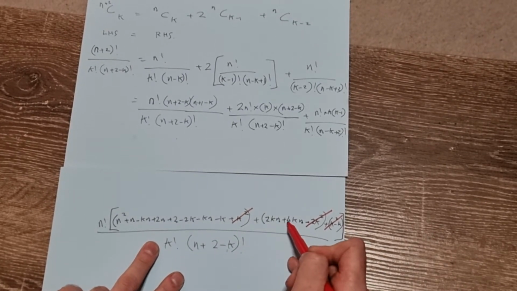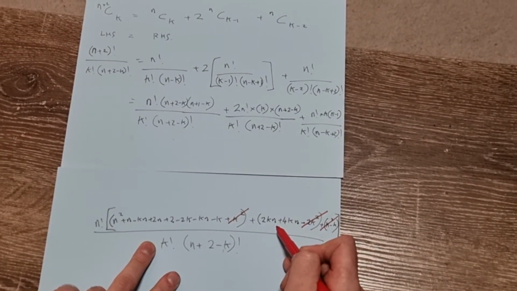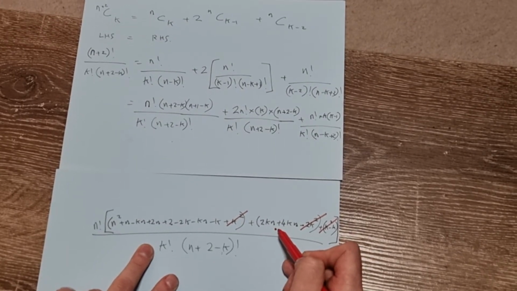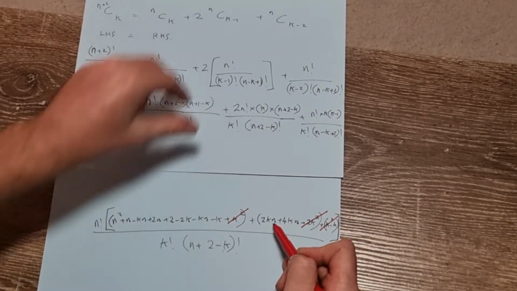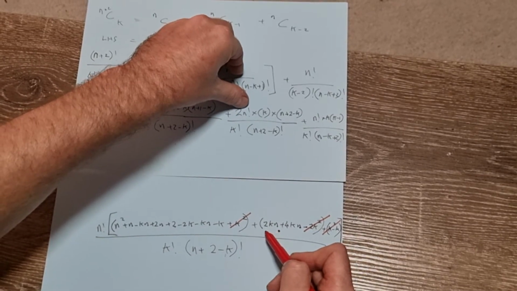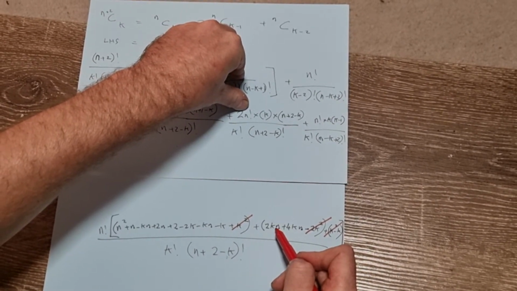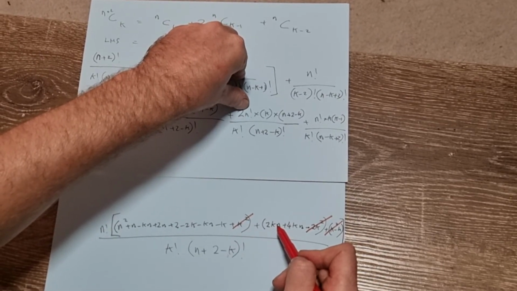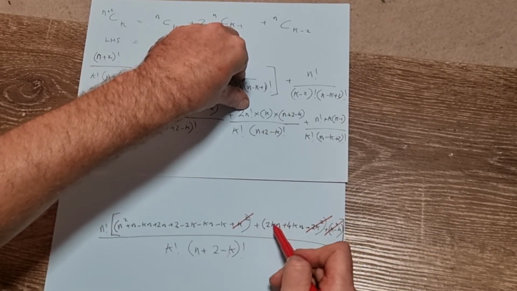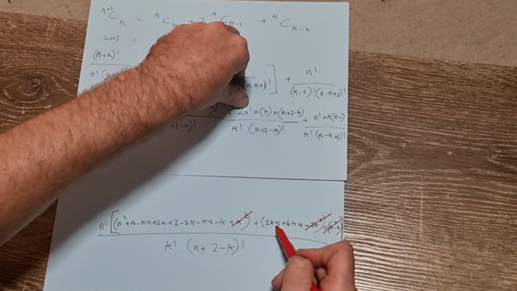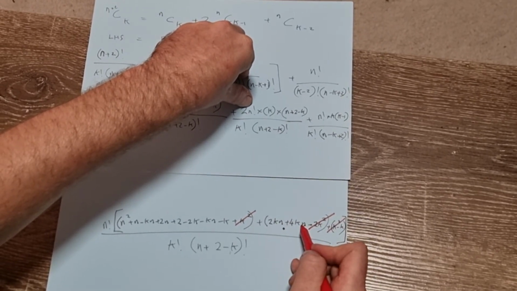We got 4 kns there. Okay, let me just check that. We've got 2 kns here, and this should be 4k.